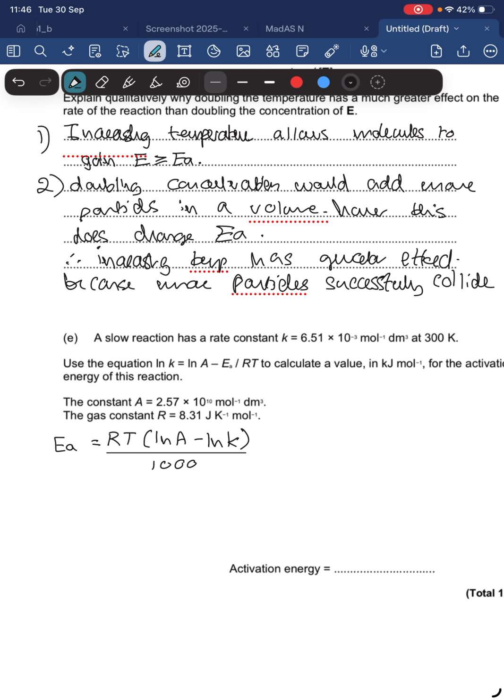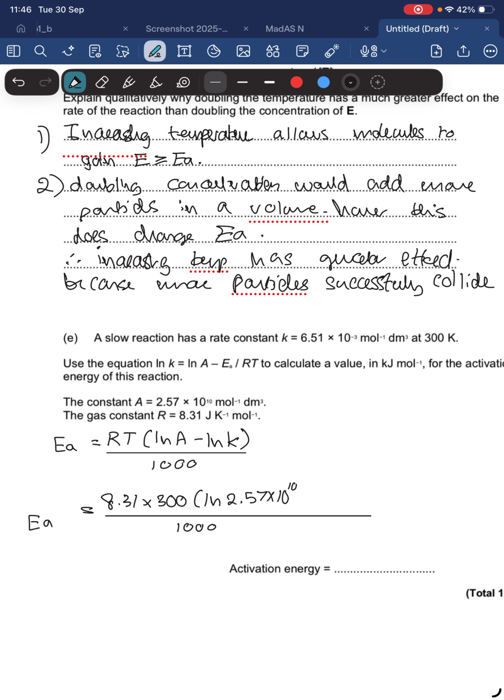So we get activation energy. Activation energy is 8.31 times 300, and then that is a ln 2.57 times 10 to the 10. By the way, we divide that all by 1,000, don't want to forget that.